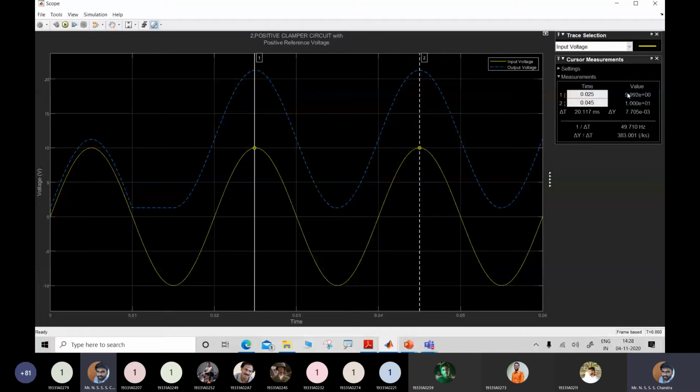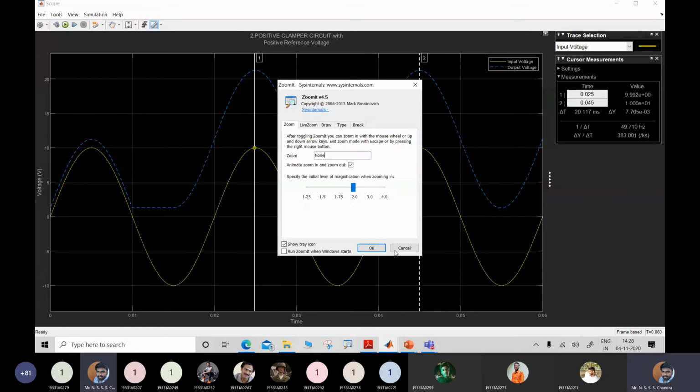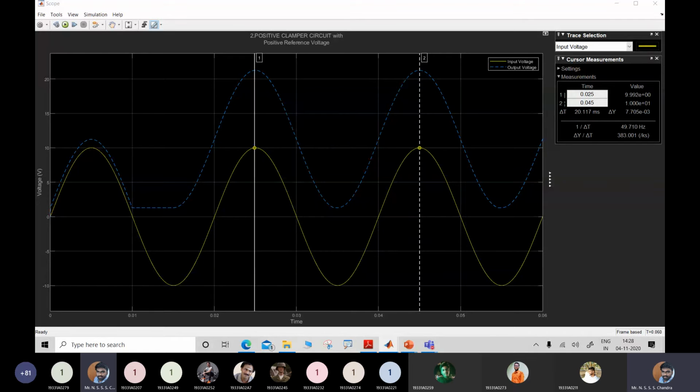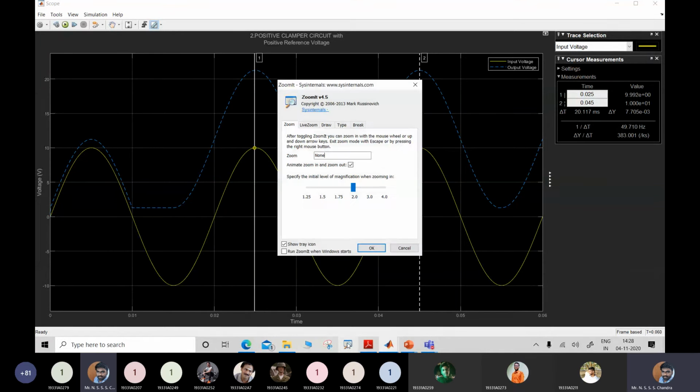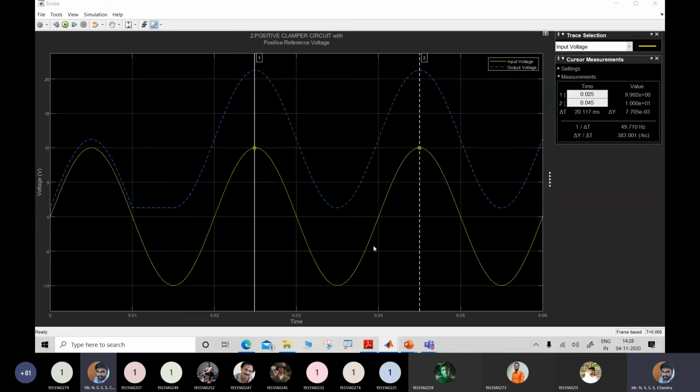What's the input voltage you are observing on the screen?